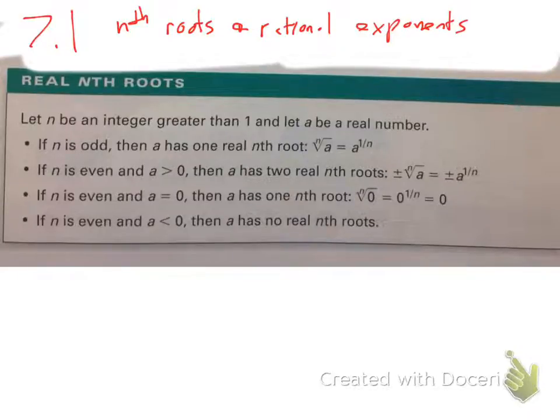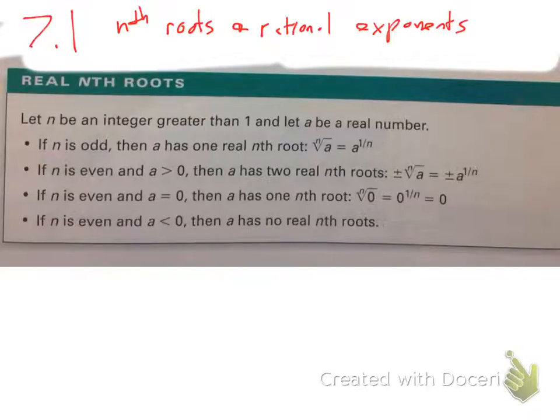If it's equal to 0, the fourth root of 0 is still just 0. And if it's an even root and the number is less than 0, that means it won't work. There are no real solutions. They're imaginary. Think of the square root of -4. You can't do it, right?